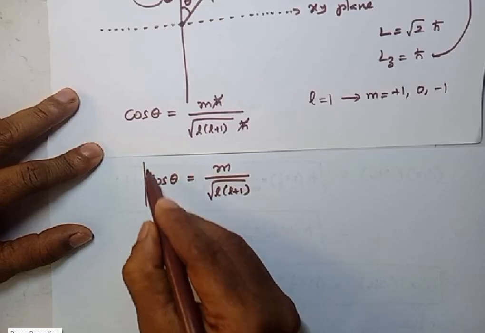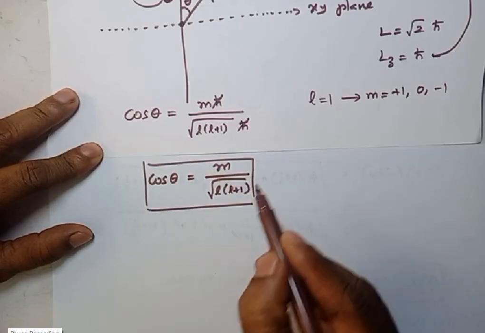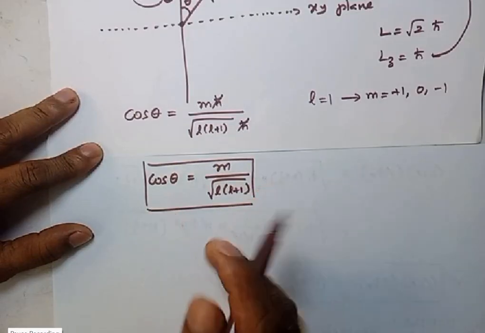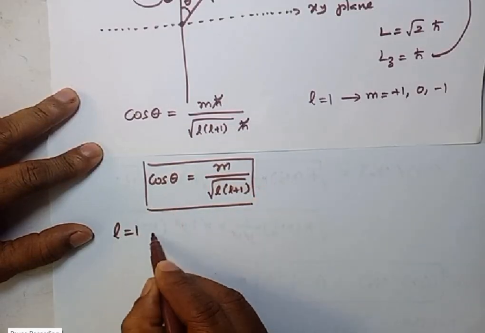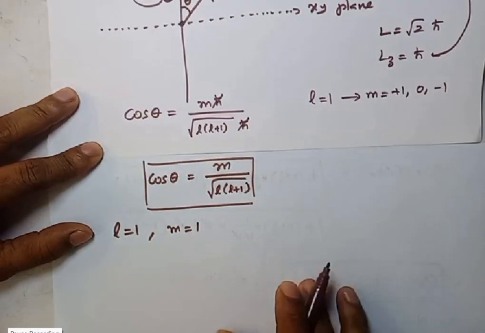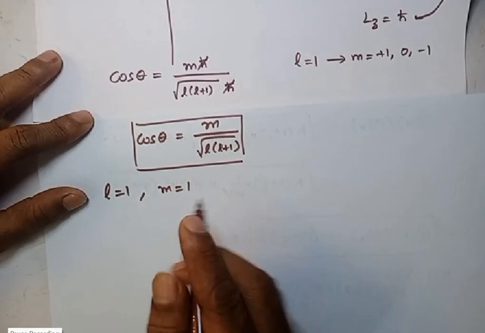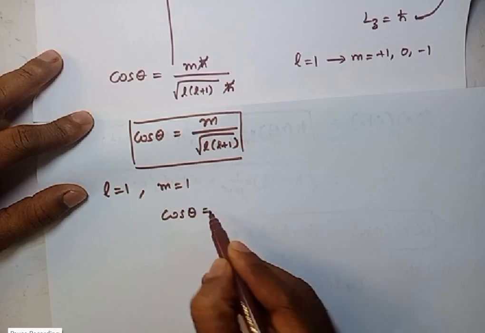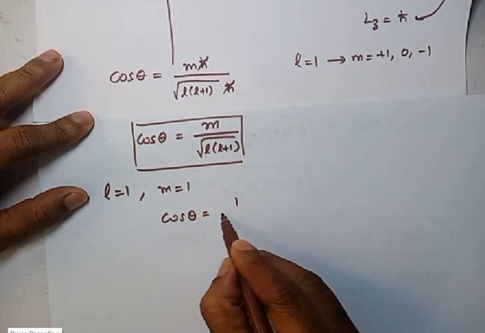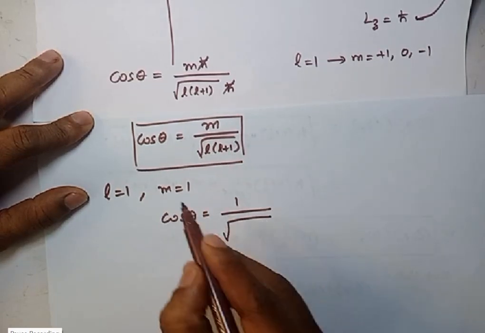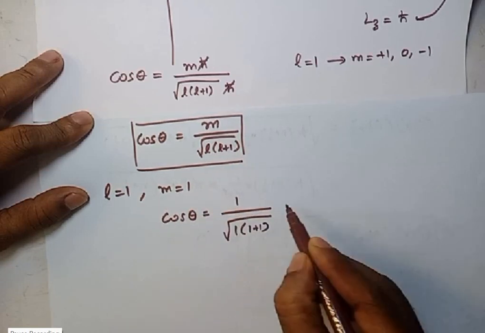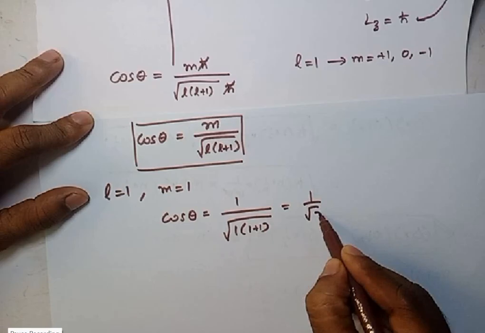Take down. Now, in the given problem, L value is 1 and m value is also 1. So what is cos theta? Cos theta equals 1 divided by square root of 1 into 1 plus 1, which is nothing but 1 by square root of 2.